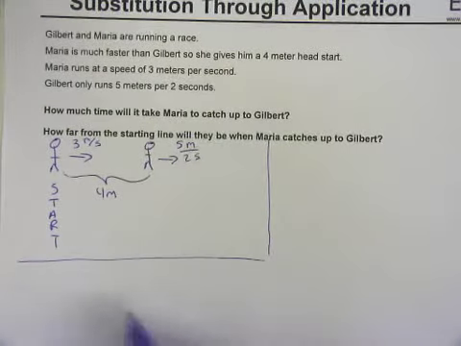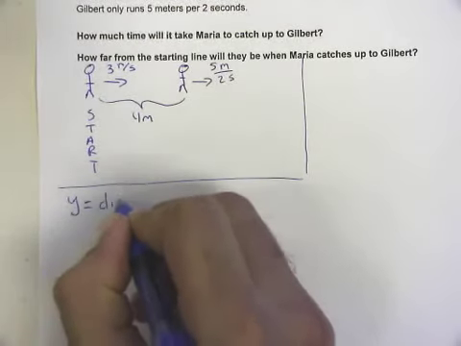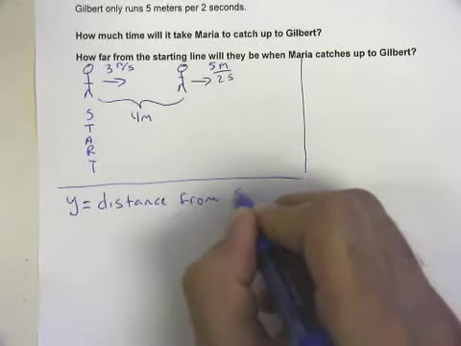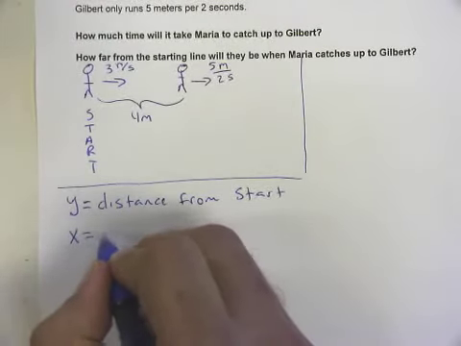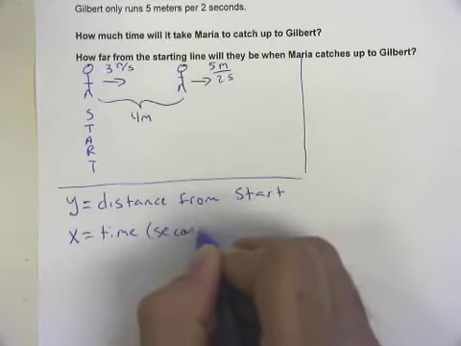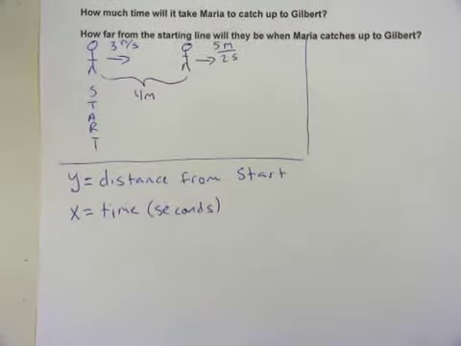We're going to define two variables here real quick. We're going to define y to be the distance from the starting line, and we're going to define x to be the time in seconds that have gone by.